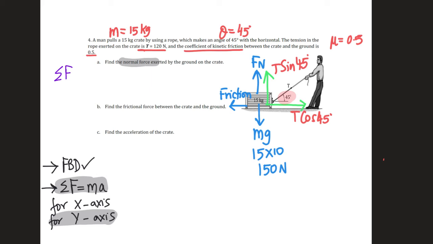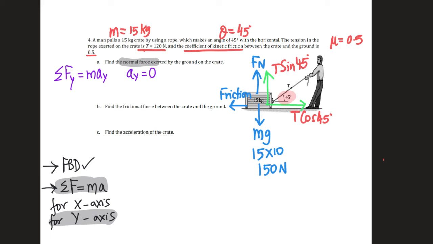Sigma Fy is equal to ma y. Now we know that the object is not moving up or down, so acceleration in the y direction will be equal to 0. That means sigma Fy is equal to 0. We want to find the forces acting on the y-axis and the net force.